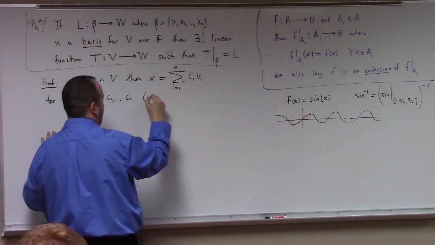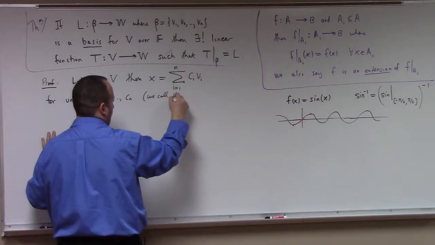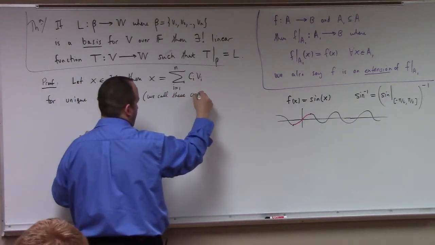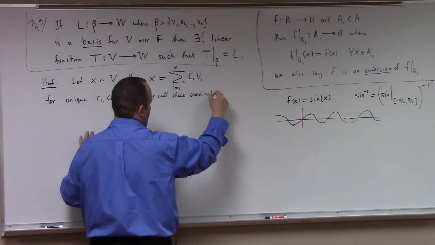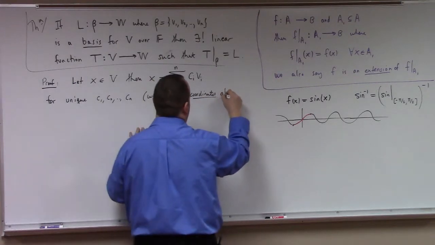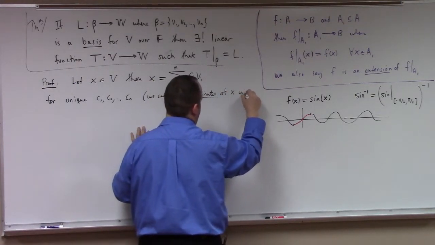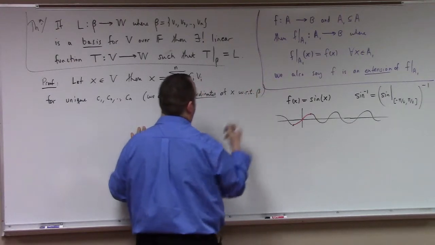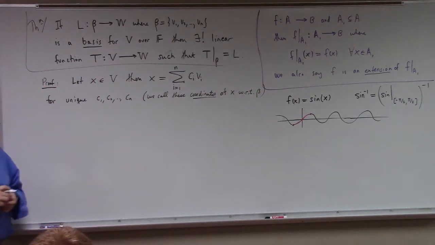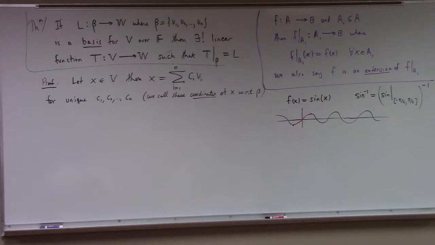We call these coordinates, right? These are the coordinates of x with respect to beta. That's what the C1, C2, Cn are. We've talked about these before.